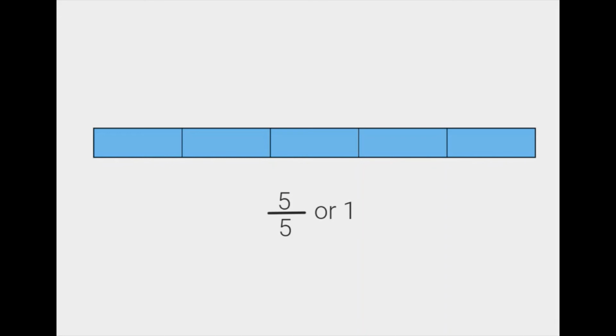And when the numerator and the denominator are the same, that's equivalent to 1 whole. Since 5 out of 5 parts are shaded, the whole thing, therefore, is shaded. So, we can either write it as 5/5, or we can say that it's 1 or 1 whole.